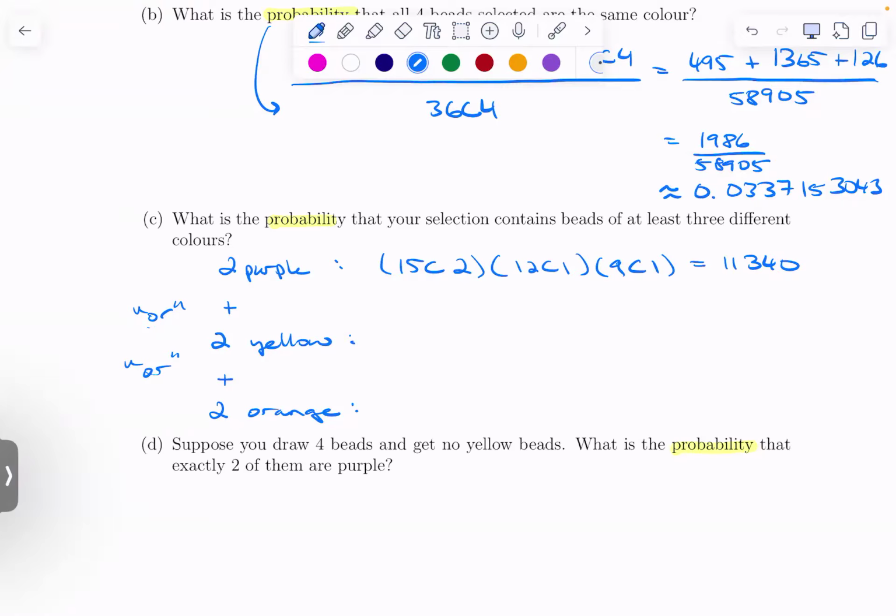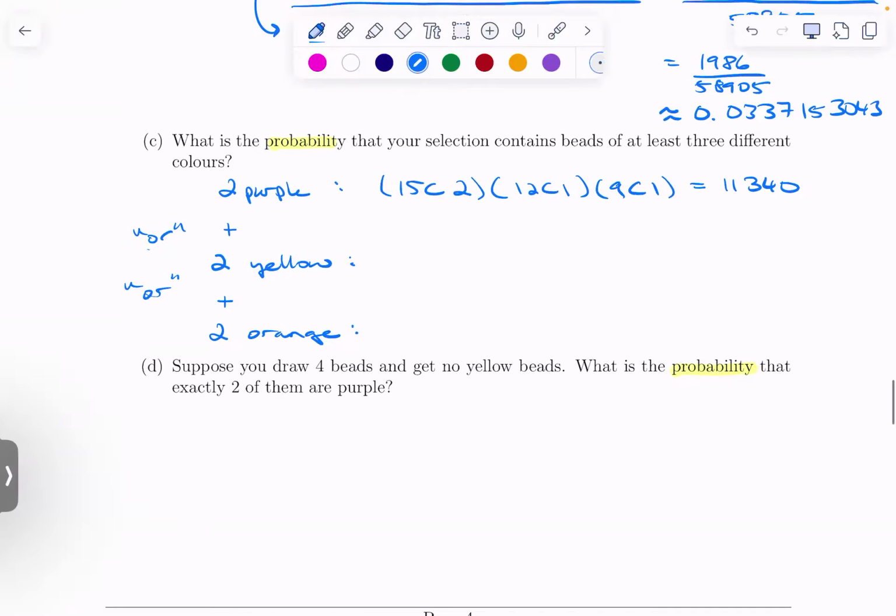Or 2 yellows, which means I only pick 1 purple: 12 choose 2 and 9 choose 1. I have 8,910 down. Hopefully that's right.